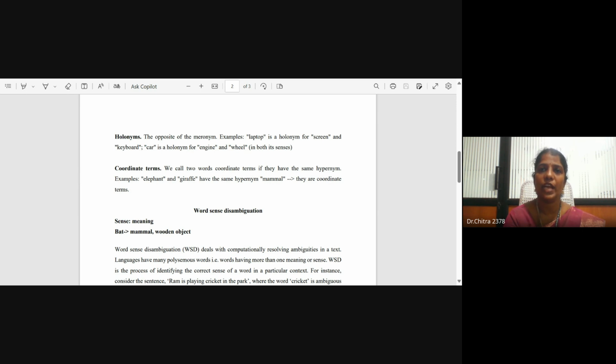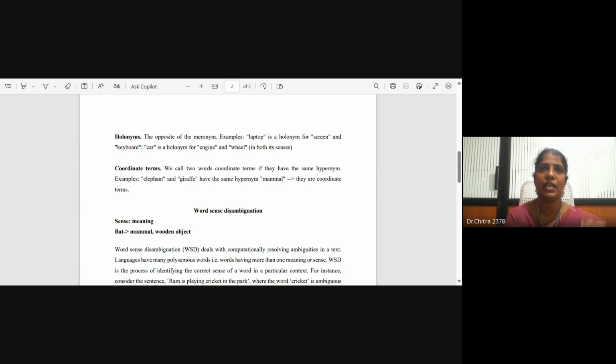So how can you identify? In the sentence "I deposit money in the bank," there is a relationship between deposit and the bank. If deposit and bank are in the same sentence, automatically you should say that this is related to the bank which deals with money. "He plays in the river bank."